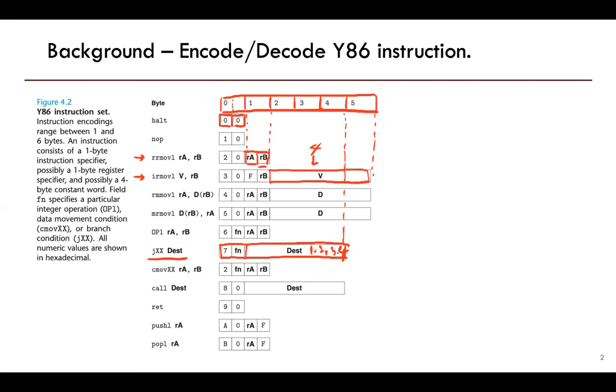Let's write down the size of each instruction. Halt is 1 byte, nop is 1 byte, RR move is 2 bytes, and these 3 are 6 bytes, and OPL is 2 bytes, and the jump instruction is 5 bytes.